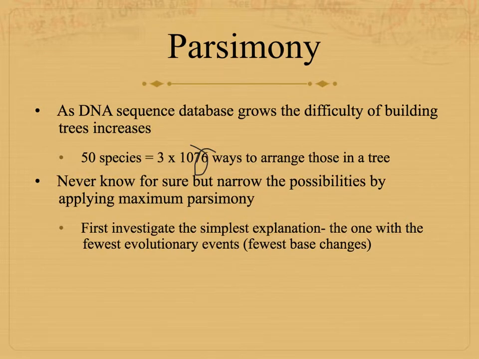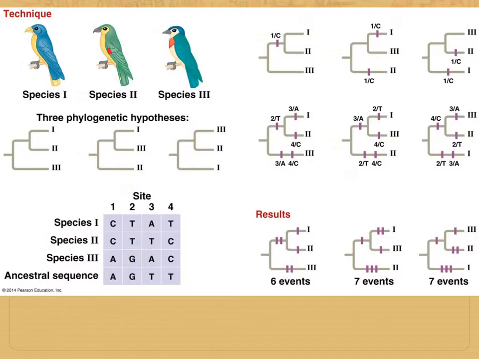So we can never know for sure exactly what it is, 100%, but we can narrow the possibilities by applying something called maximum parsimony. Basically what that's saying is investigate the simplest explanation first, the one that would require the fewest evolutionary events or fewest base changes in the DNA, and then we can go from there.